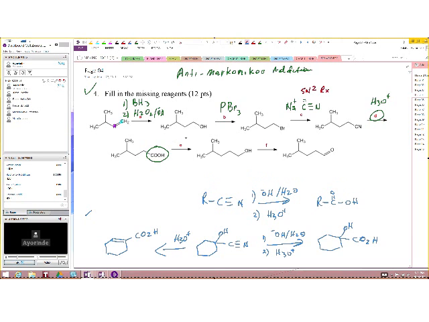Now, about going from this carboxylic acid to a primary alcohol. What reagent do we need here? LAH, exactly. Lithium aluminum hydride, and then we always follow that with hydronium ion.